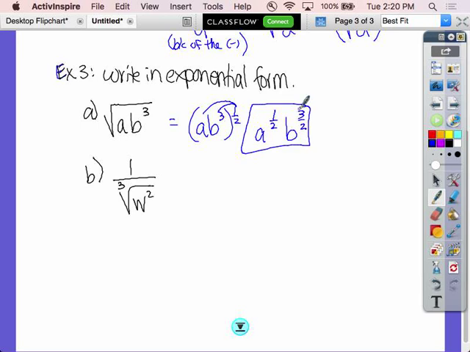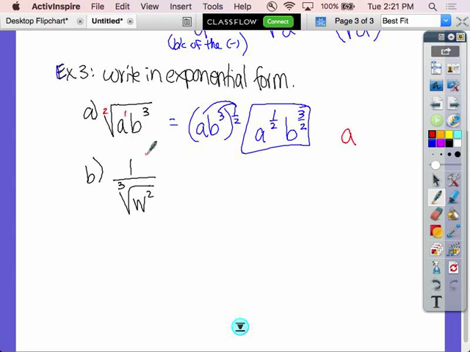But guys, there's a different way of doing it that you might like better. I'm going to do it in red. There's an understood 1 with this a, isn't there? And what's the understood index? 2. All right, so we treat each variable separately. Which number goes on top for the a, the 1 or the 2? The 1.